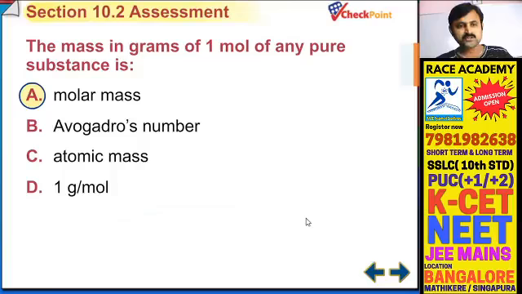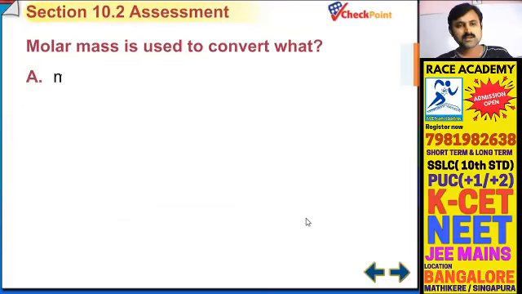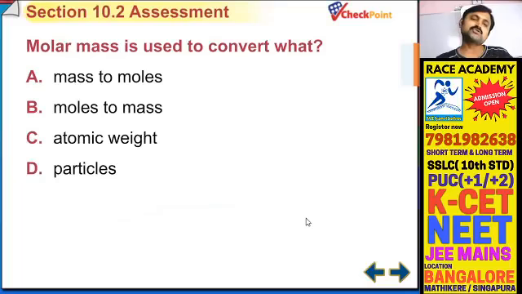Next, molar mass is used to convert moles into mass. That's what we have done in the problem also.